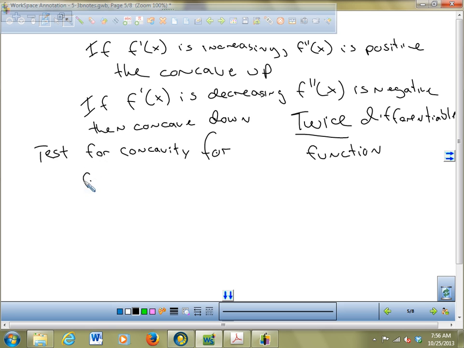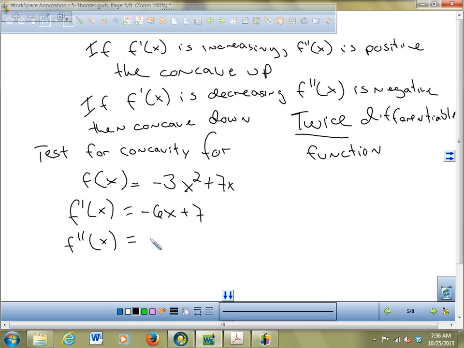For f of x equals negative 3x squared plus 7x. Okay? So if I want to do that, what's f prime of x? Come on, you can do it. Negative 6x plus 7. What's f double prime of x?